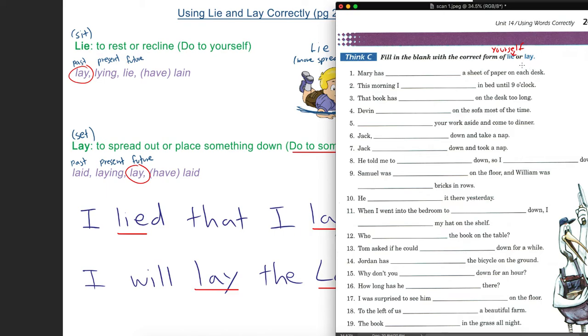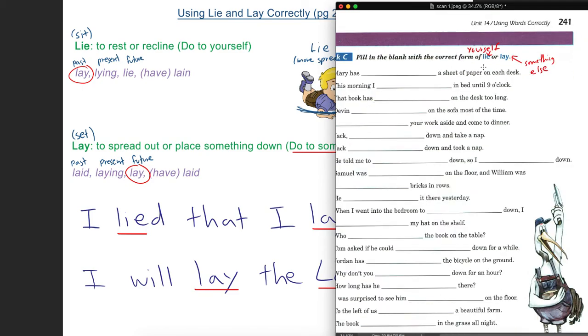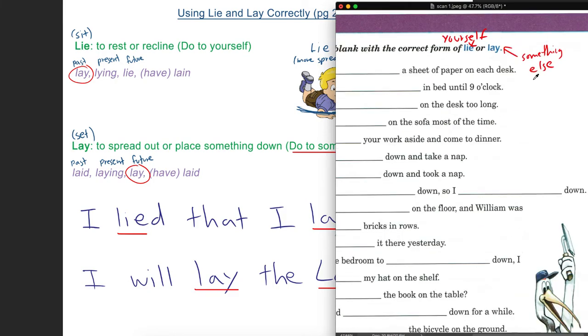Well, it depends on what tense. Usually, if you're doing it to yourself, you would use lie. Lay is usually for something else. So in general, you would use lie for yourself and lay for something else, if you're doing it to something else.